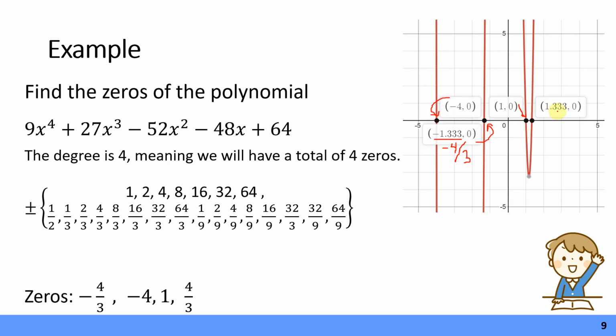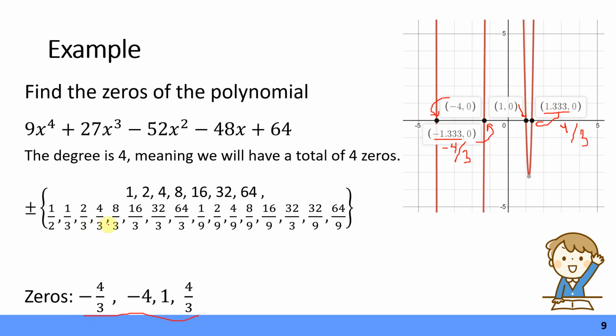So that's our third zero. And in this one, again, it's a decimal, but it's actually 4/3. And again, you don't have to double check, right? The negative 4/3 gives us the negative version, so the 4/3 gives us the positive version. So there you go. We have our 4 answers. And again, no synthetic division needed because the graph actually gave us the 4 answers.